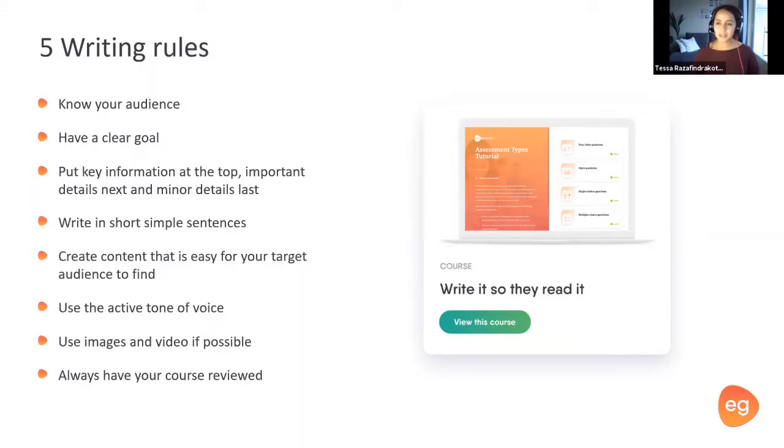The next tip here has to do with the layout of your page. Whenever you drag in a content page into Easygenerator, so into your section, and you want to start adding your content, think about what your most important takeaway is and add that at the beginning of the page.